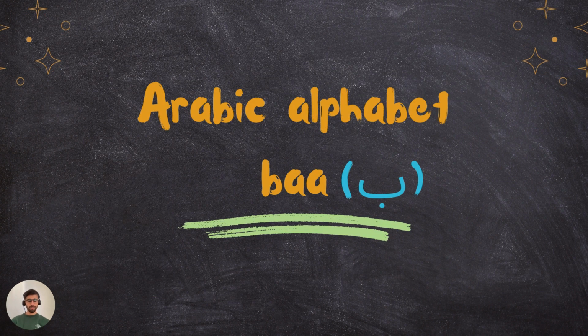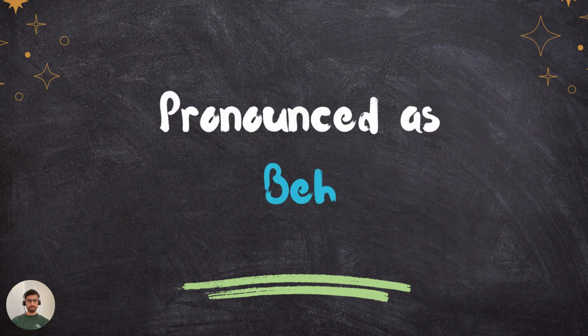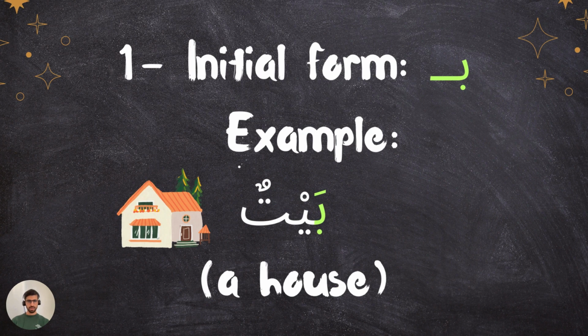So the name of the letter is Ba. It's written as Ba and it's pronounced as Be. It takes three shapes, as in the initial form, for example, Bait.